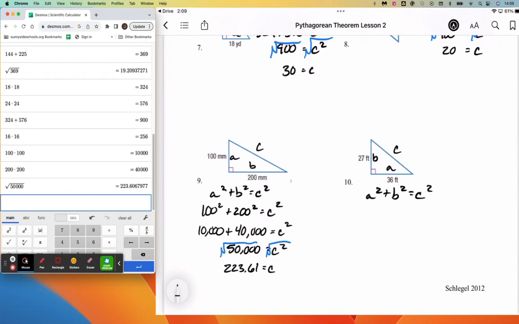All right, so a is 36, the b is 27, squared equals c squared. 36 times 36 is 1296. 27 times 27 is 729.